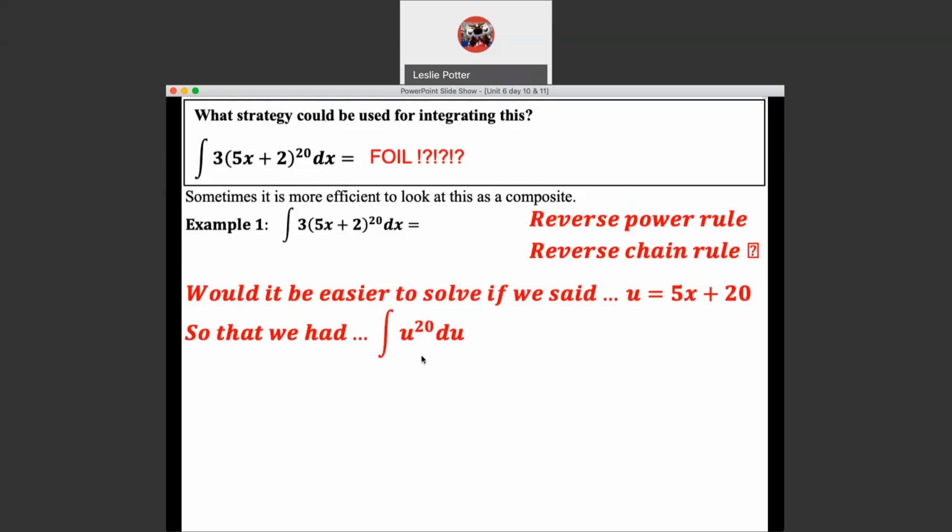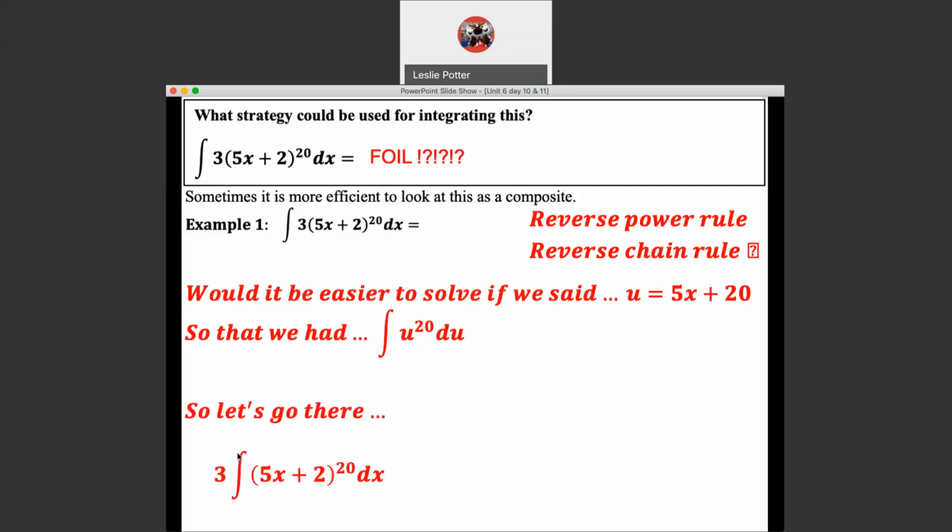And then we're going to adjust this so it looks sort of like this. And I say sort of because we've got a 3 we have to consider here, and some other things. We've got a dx here, and now it's a du, and we don't know the relationship between dx and du. But we definitely wanted something as simple as this, so we can use a very basic antiderivative process.